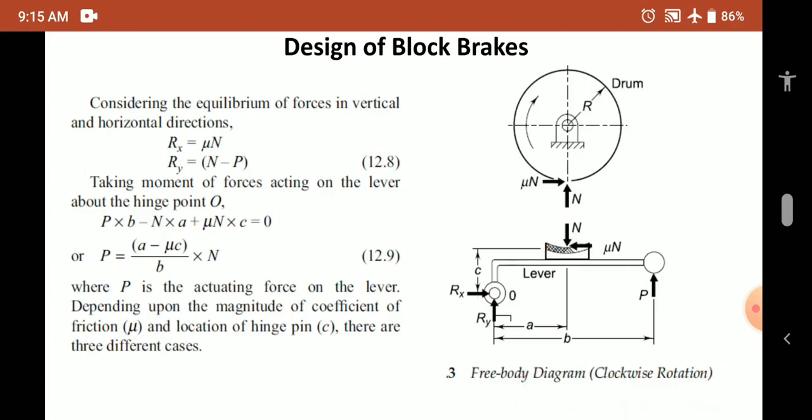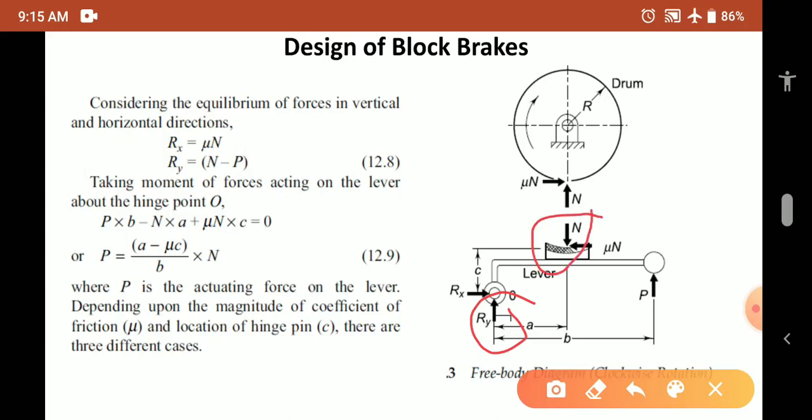Therefore Rx is equal to mu N here. Similarly, the vertical forces are balanced. This reactive force Ry will be balanced by this normal force N and this effort applied P. So here Ry is equal to N minus P.